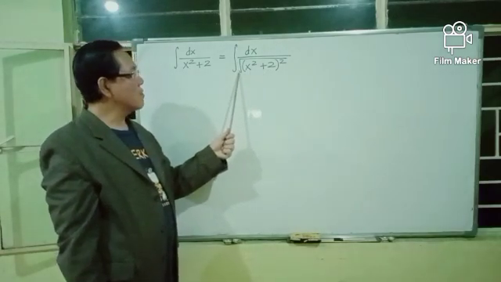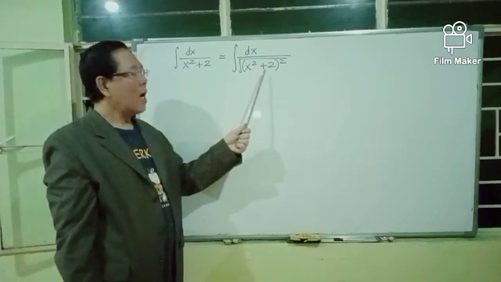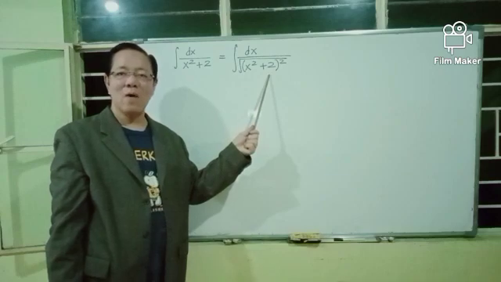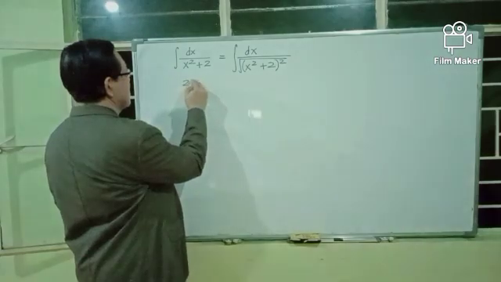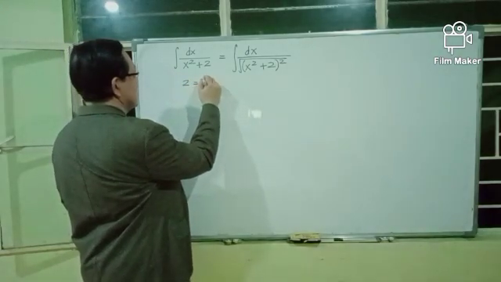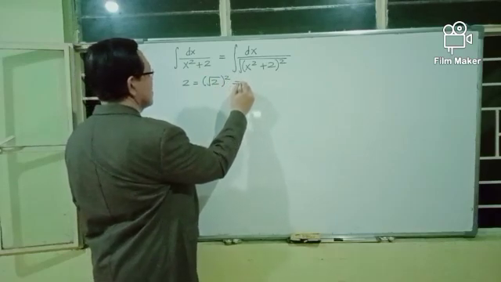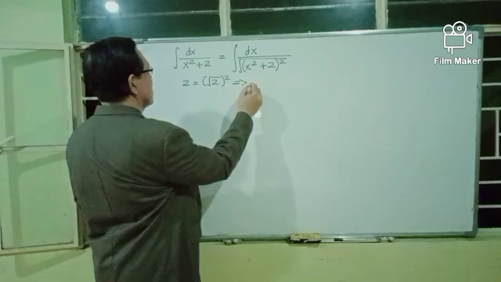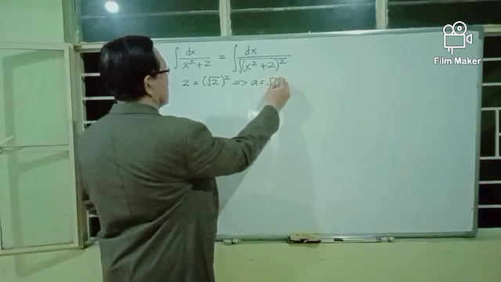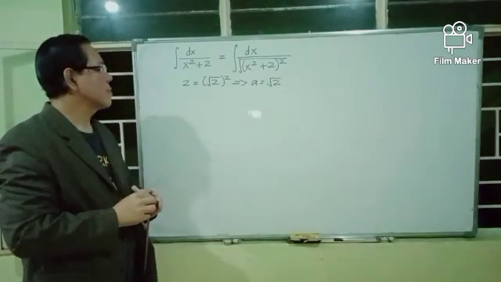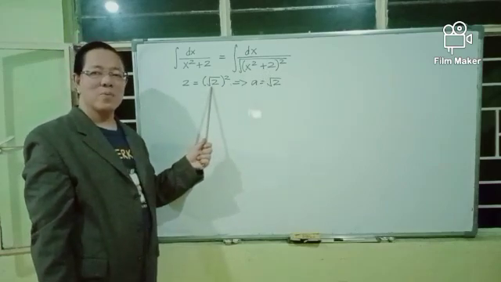So now we have the radical sign in the denominator, and we have the sum of the square of x, and 2 can also be written as the square of the square root of 2.